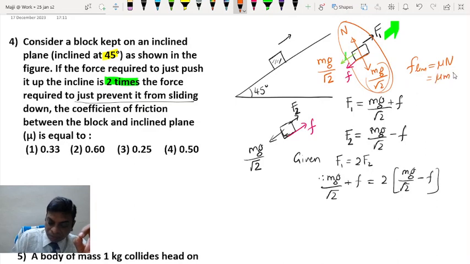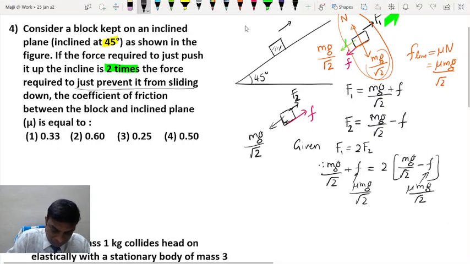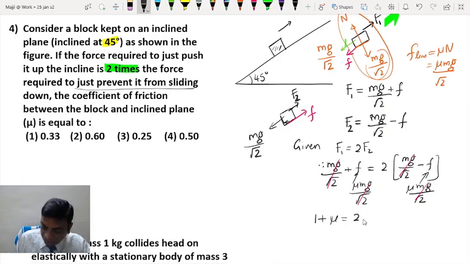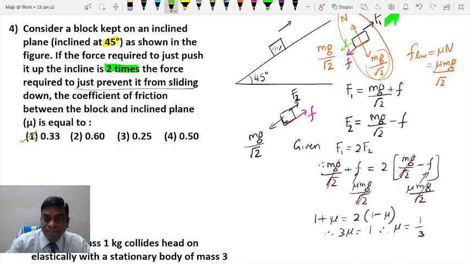So in both situations, the friction will be limiting friction, equal to mu into N. Substituting f equal to mu mg by root 2, mg by root 2 gets cancelled throughout, and we are left with 1 plus mu is equal to twice into 1 minus mu. So we have 3 mu is equal to 1, so mu is equal to 1 by 3. So 1 by 3 is 0.33.